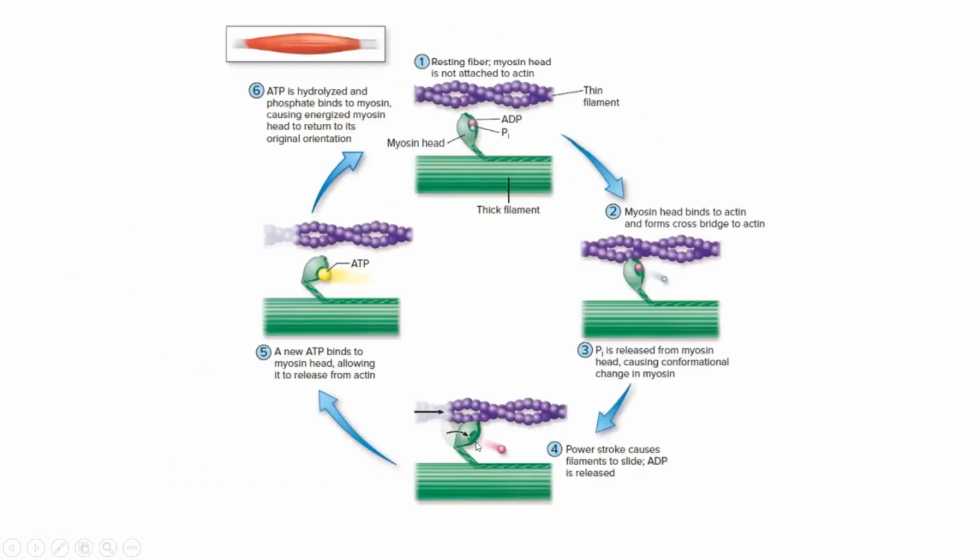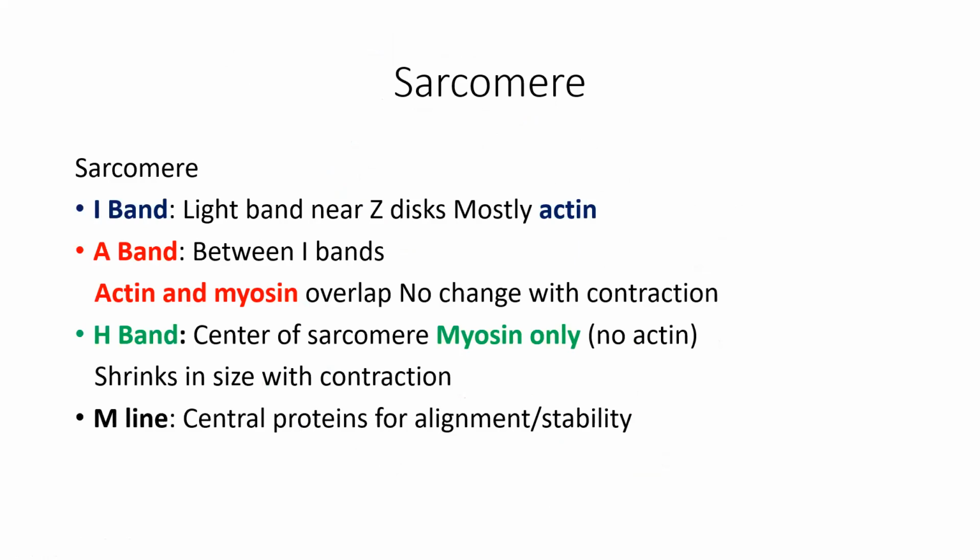This is our whole structure of myosin, the myosin heads, the actin. Additionally, we have some troponin molecules there, which are not seen right now.